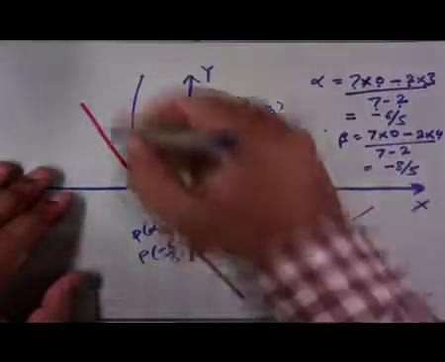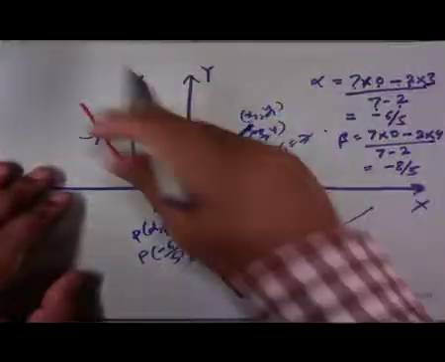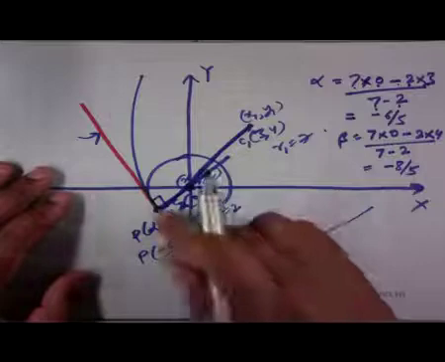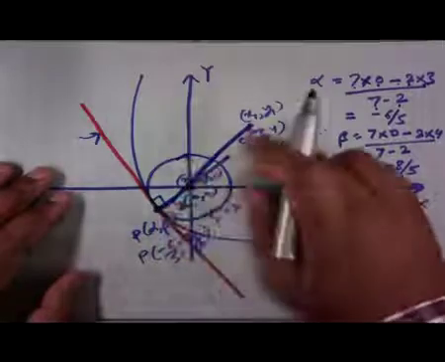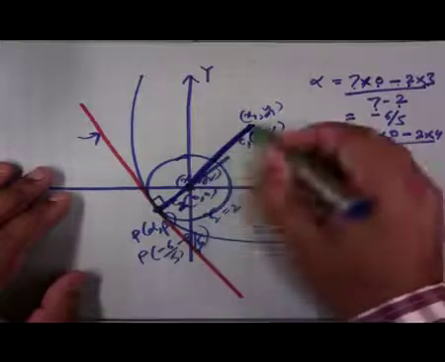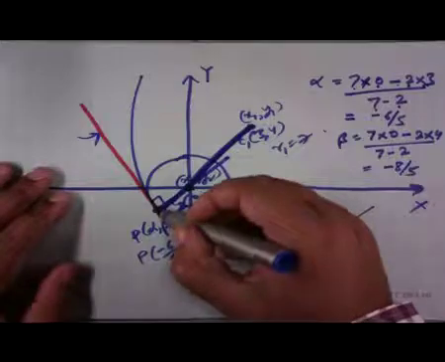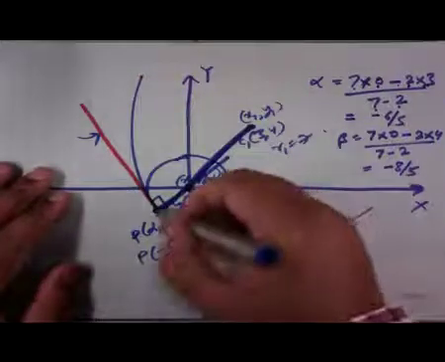Therefore, it is easy to find the slope of this direct common tangent, because this line is at 90 degrees to the line joining C1 and C2. If you produce it further, it will meet the tangent at this point P.